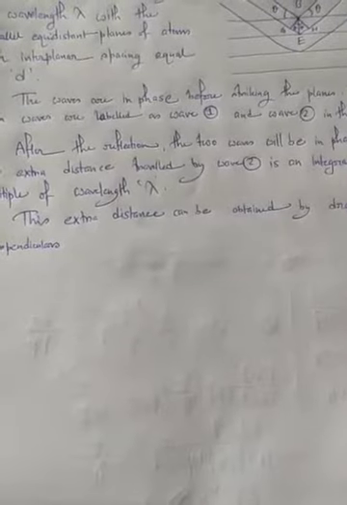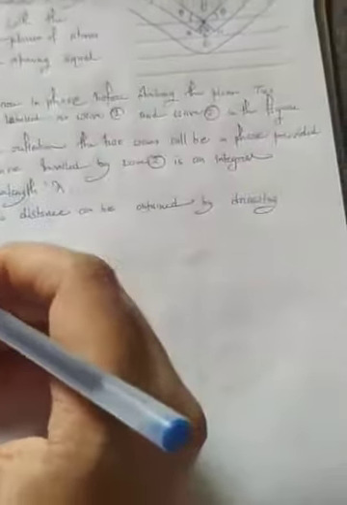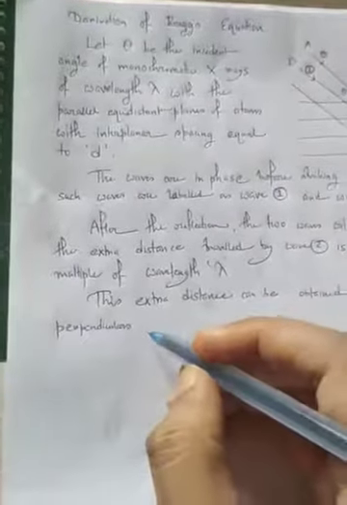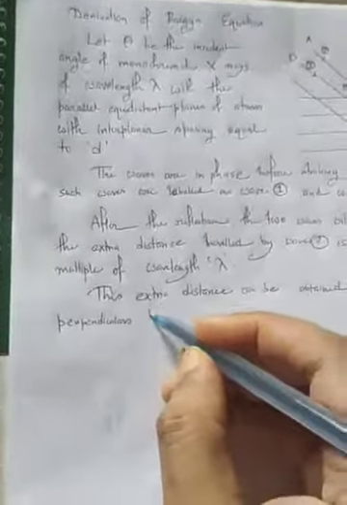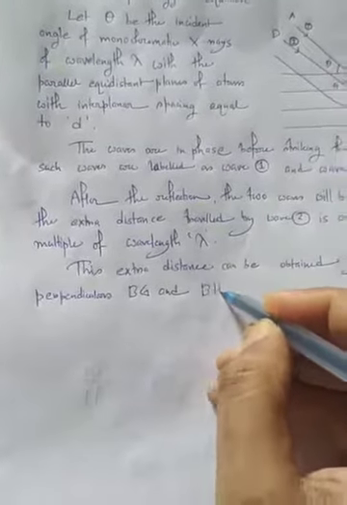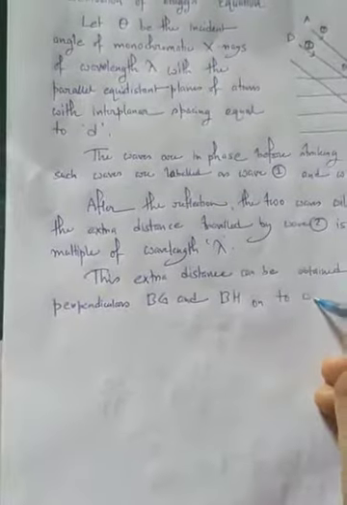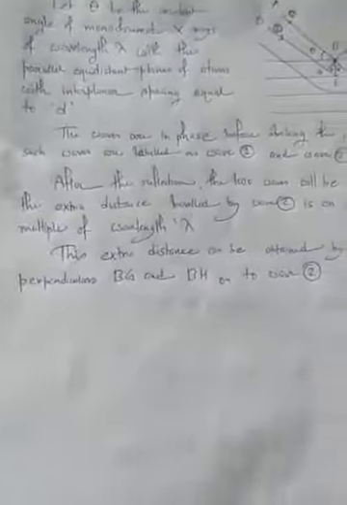Drawing perpendiculars BG and BH onto wave 2.